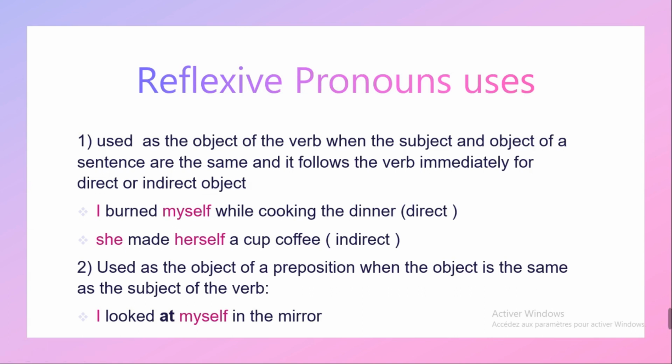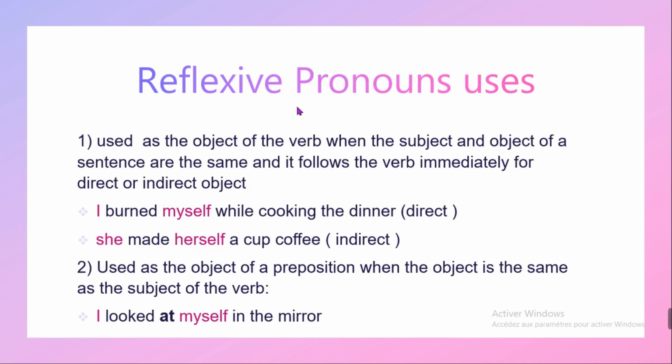Let's move on to the uses of reflexive pronouns. Reflexive pronouns are used as the object of the verb when the subject and object of a sentence are the same. So, when the subject and object of a sentence are the same, the reflexive pronoun comes immediately after the verb for both the direct or indirect object.